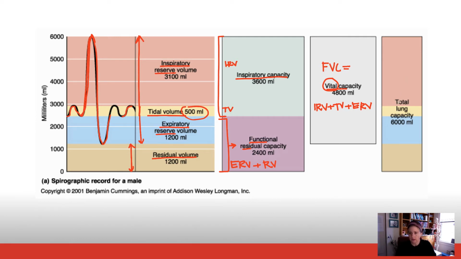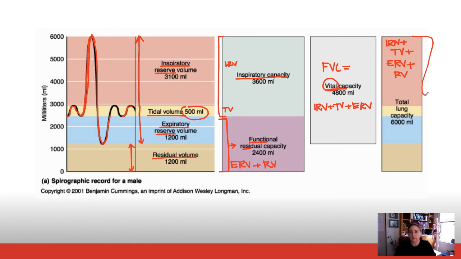And then we've got our total lung capacity. And so this is going to be everything. This is our inspiratory reserve volume plus tidal volume plus expiratory reserve volume plus residual volume. Okay?